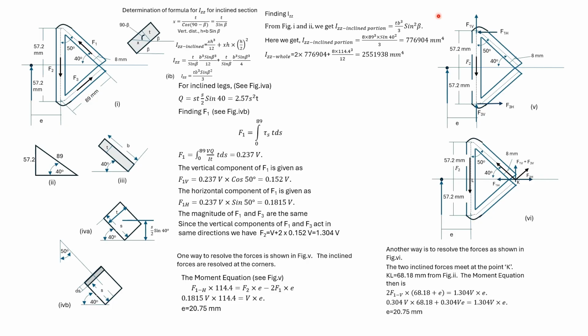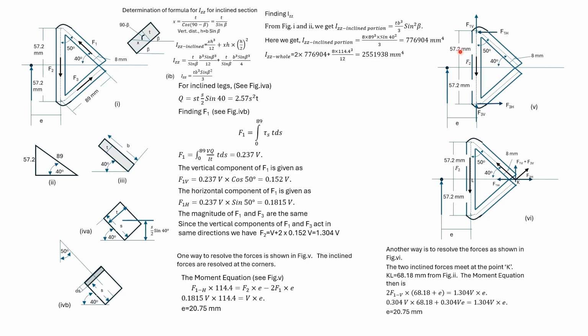We can resolve the force F1 and F3 at these two corners. Then the horizontal forces F1H and F3H will create a moment. F1V and F3V align with F2 and they create a moment.